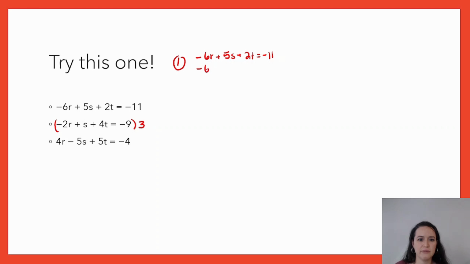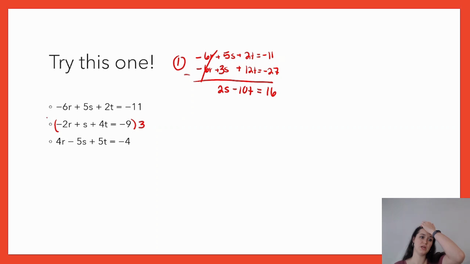Then I get -6r plus 3s plus 12t equals -27. All right, I'm going to subtract those because my -6's are the same sign. So then I get 2s minus 10t equals 16.